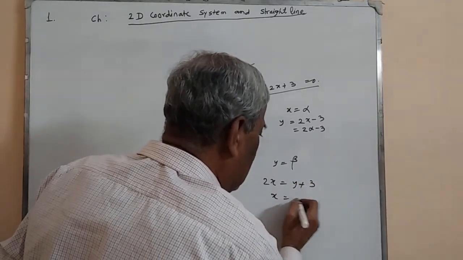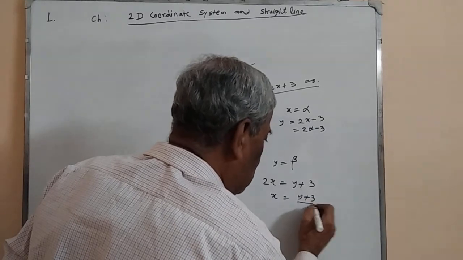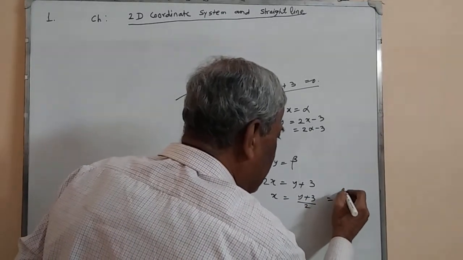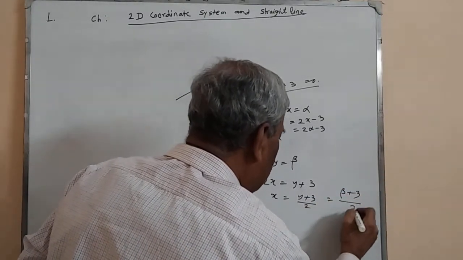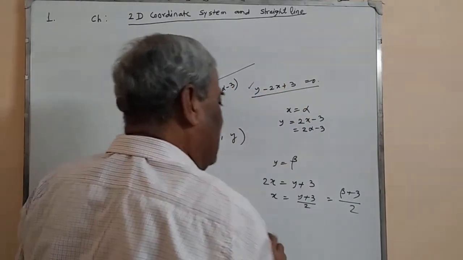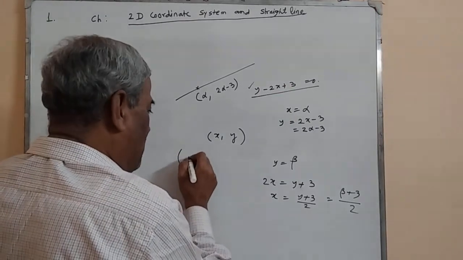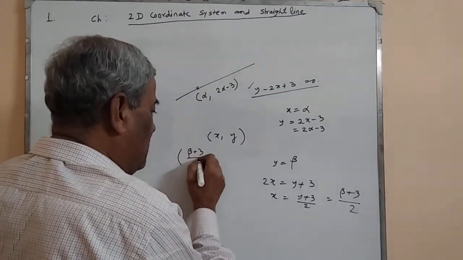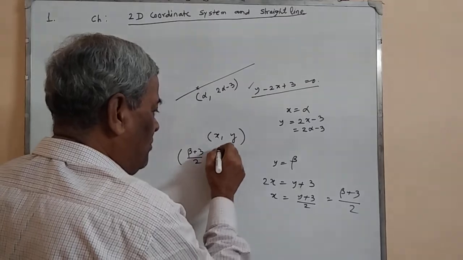That is x is equal to (y plus 3) by 2, that is (beta plus 3) divided by 2. So one point on this straight line is again (beta plus 3) divided by 2 comma beta.